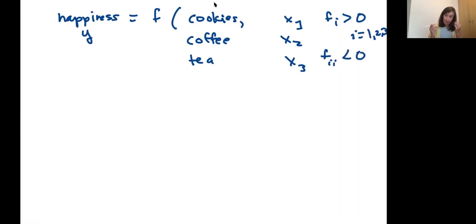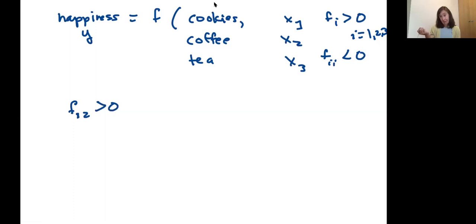But what I want to emphasize in this example is, in my opinion, the cross partial between cookies and coffee is definitely positive. The better that coffee, the more I'm going to appreciate a really good cookie as opposed to the kind of things you sometimes can get at Starbucks that really aren't very good.